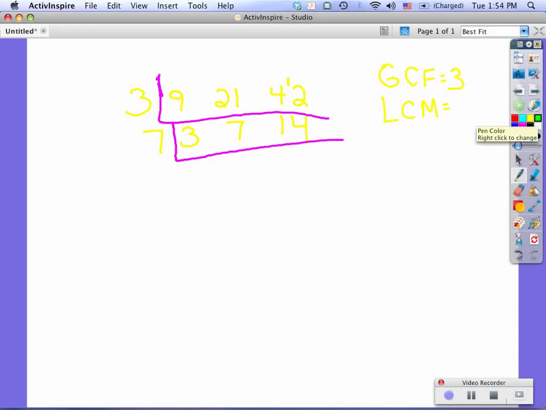Bring it down. I don't need 3. How many times does 7 go into 7? And 7 into 14? Do I have at least 2 numbers that have something in common besides 1? Am I done? Yes.